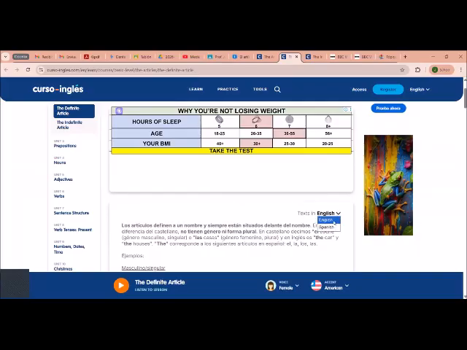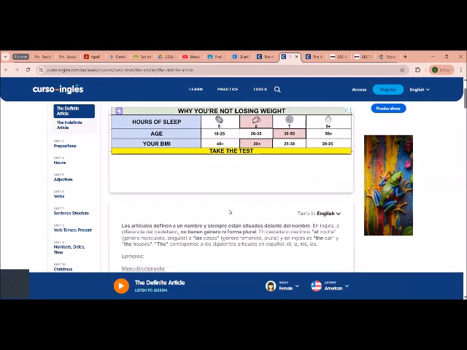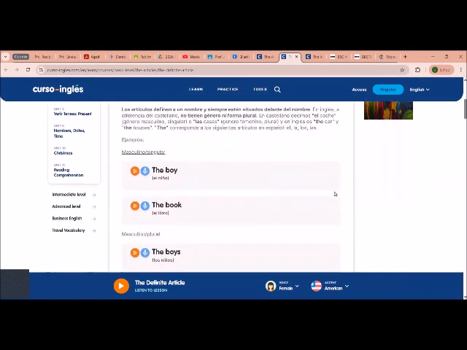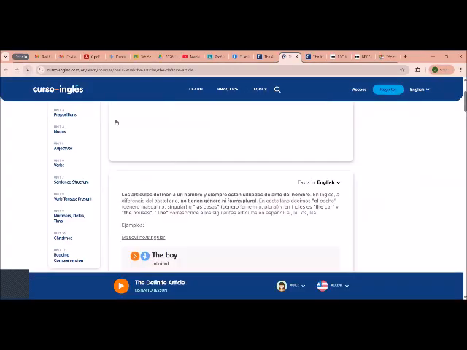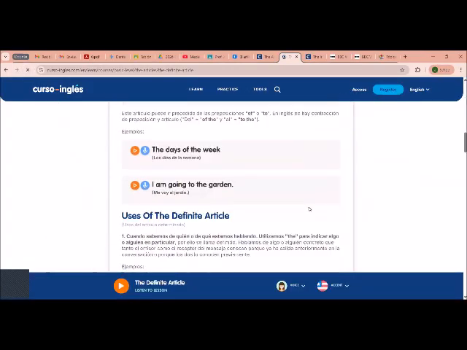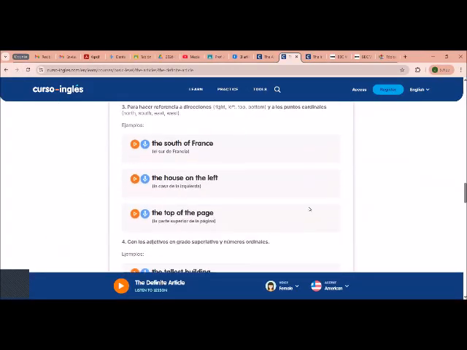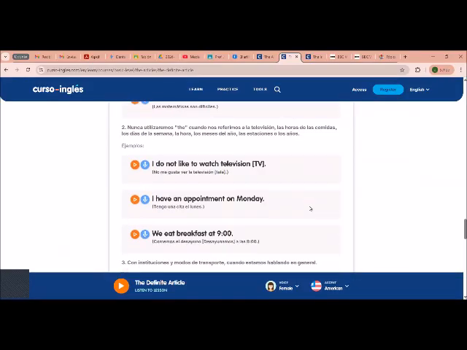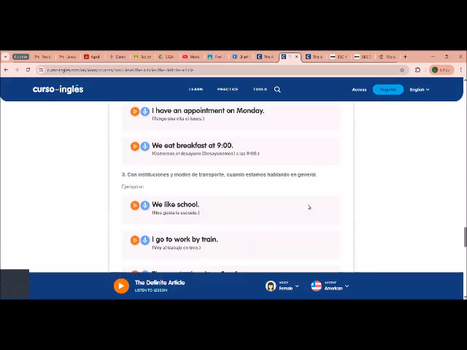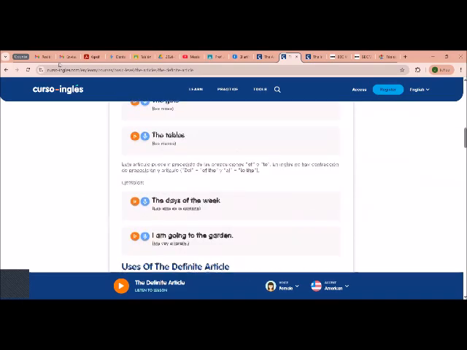Let's switch over to English so that we can get some participation. Let me double check. Sometimes these pages load, sometimes they don't.